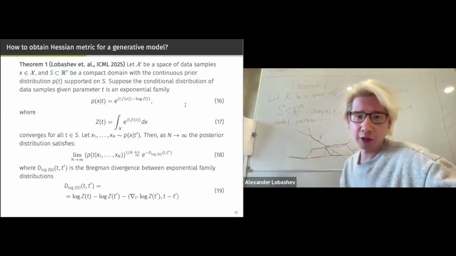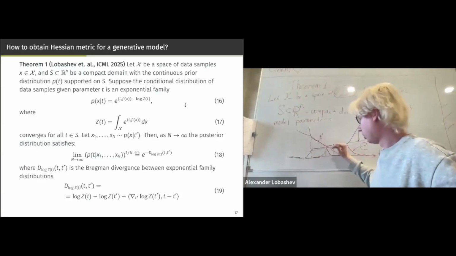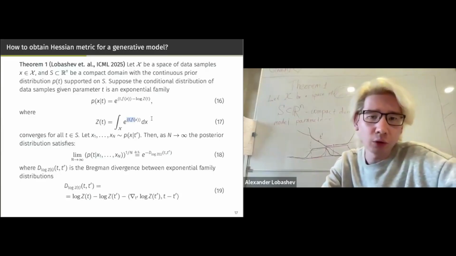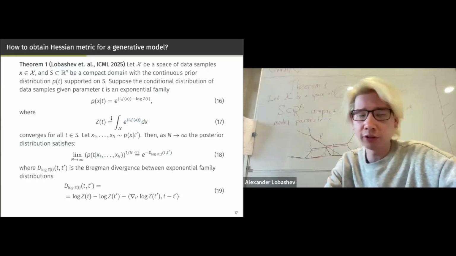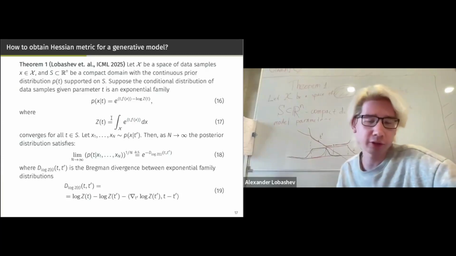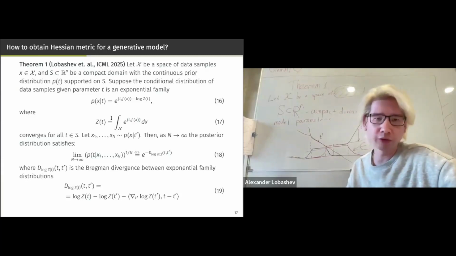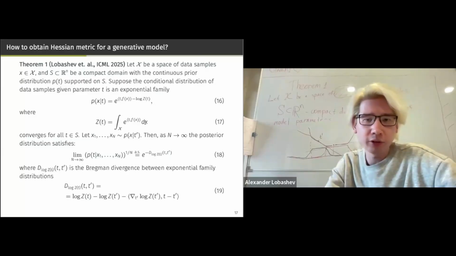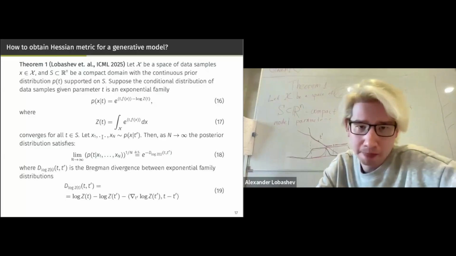Another interpretation is that knowledge of all posterior distributions is the same as knowledge of this integral, which in the case of generative adversarial networks or even diffusion models is not tractable, because it involves integration over the space of images.